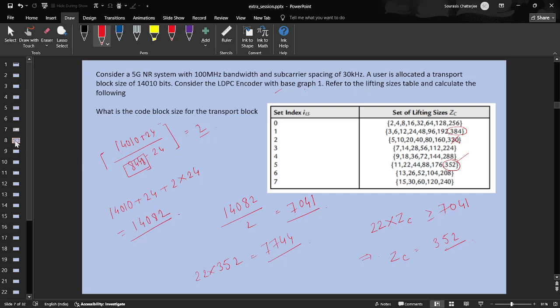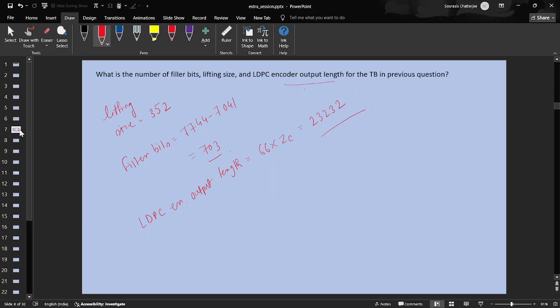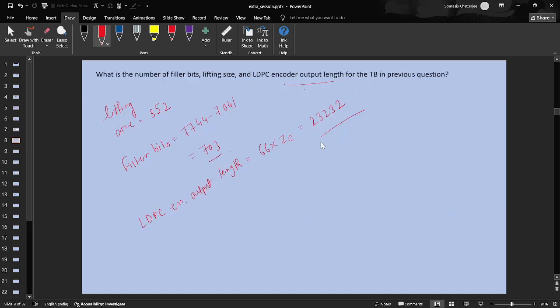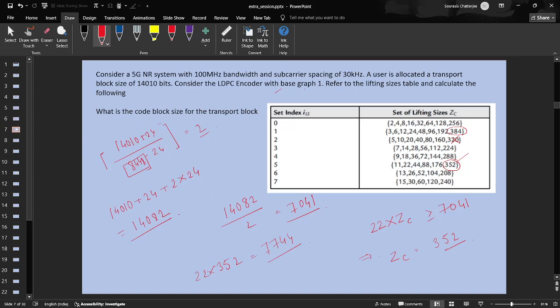So we cannot just change the answer here. The calculation from the very beginning will change, because the maximum number of bits per code block changes. So the code block number and the lifting table change too. Here it is not 22 Zc, it's 10 Zc, and with the mother code rate being one fifth, it's 50 Zc, but things start changing from the beginning itself. So the entire calculation needs to be redone.